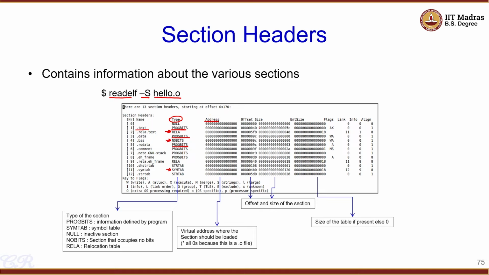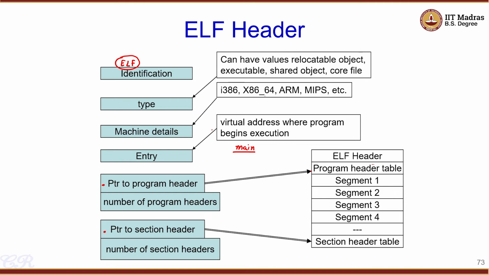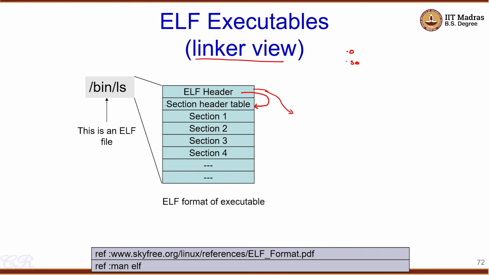Okay, so the fourth column is essentially the offset. What the offset essentially says is where the section is present within the ELF file. So going back over here, we see that there is a section header table, and the ELF header has a field which points to the section header table, right?